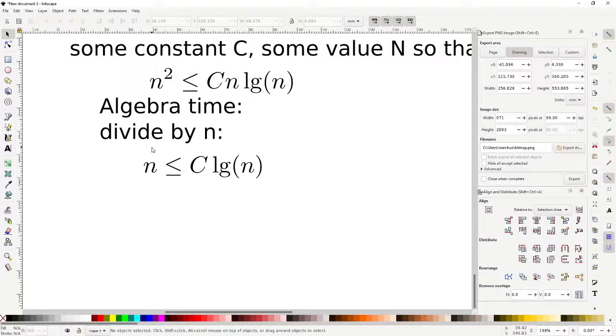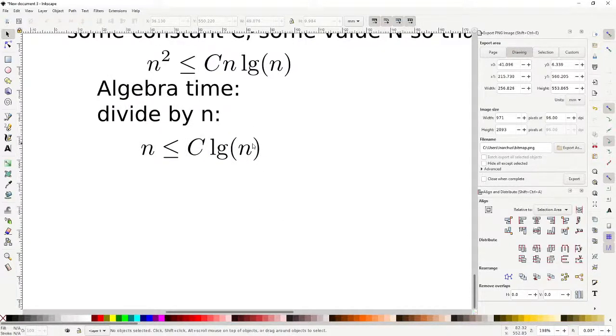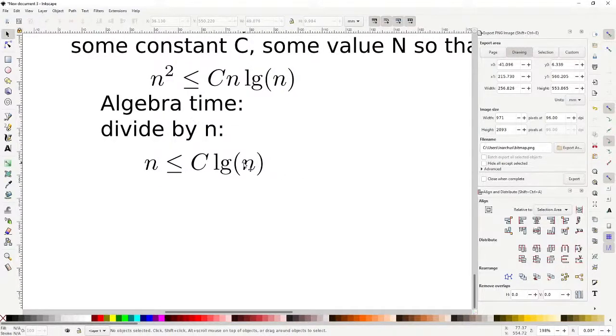So if you think about it, there's an issue here, right? If we're asserting that n is always less than or equal to c times the log of n, now the question is, how do we prove that this is false, right? Because it's the exact opposite that is true. Yeah, you can actually do that.